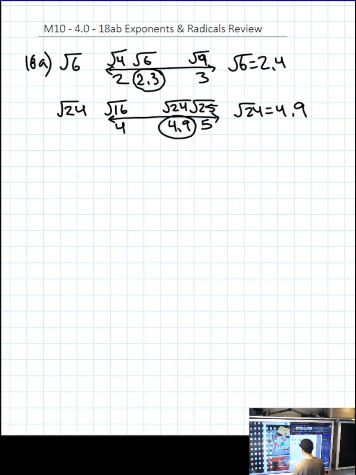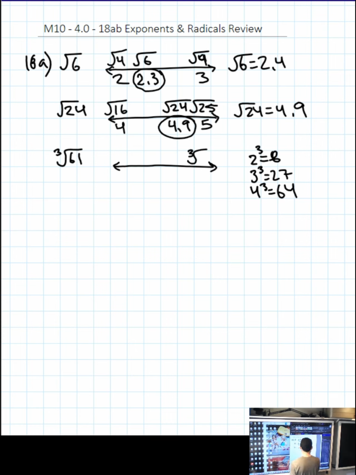Okay, the cube root of 61. Cube root of 61. So this time we're going to draw a number line, but this time it's going to be cube roots. So the cube roots that we know: 2 cubed is 8, 3 cubed is 27, and 4 cubed is 64. So we're going to put the cube root of 64 and call it 4, and then the next lower one, the cube root of 27, is 3.